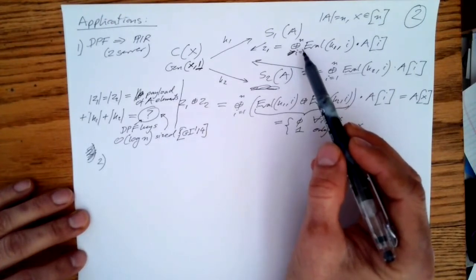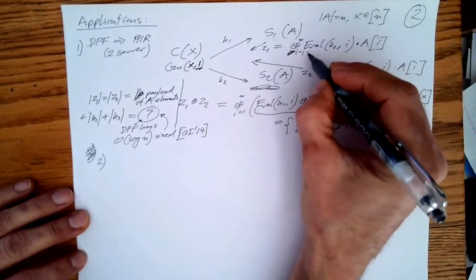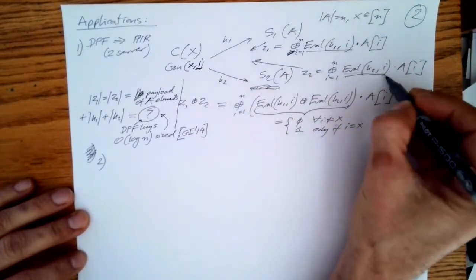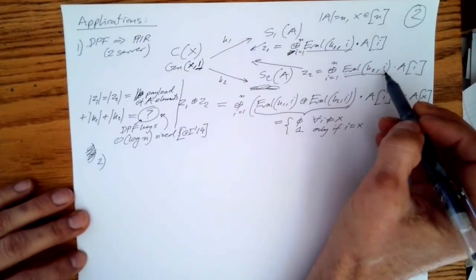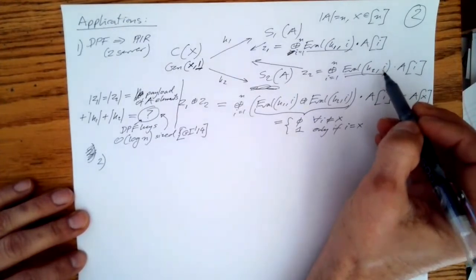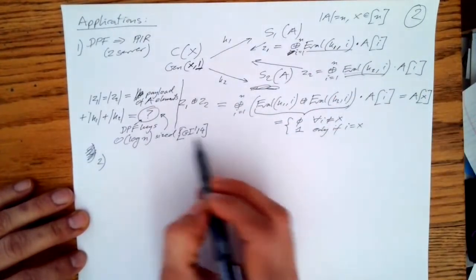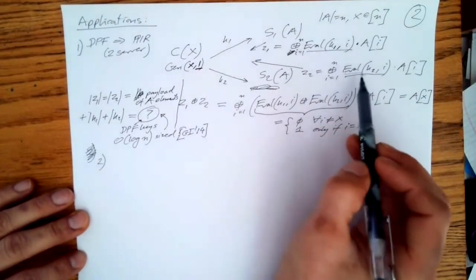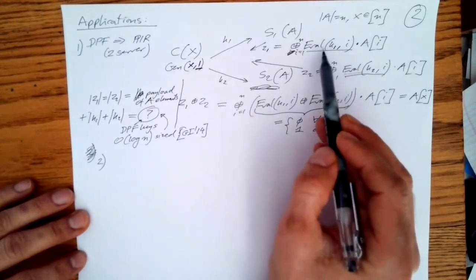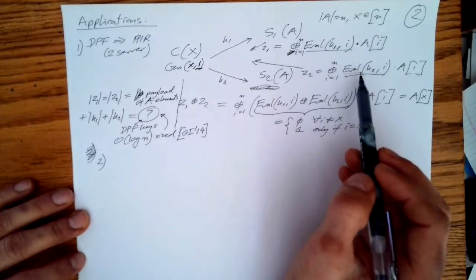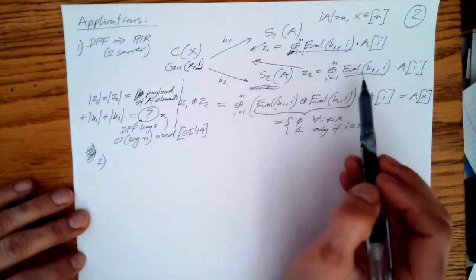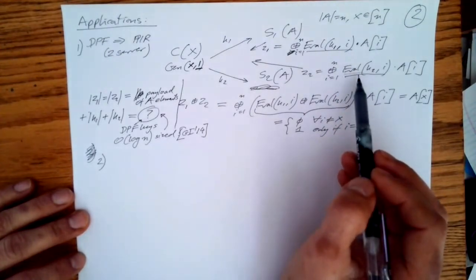It's an XOR, except you also have to evaluate these functions at every point in the domain. But the beautiful thing about the solution is that this will use symmetric crypto only. So it is orders of magnitude faster than stuff using public key crypto systems.